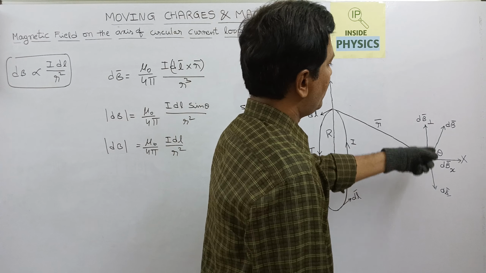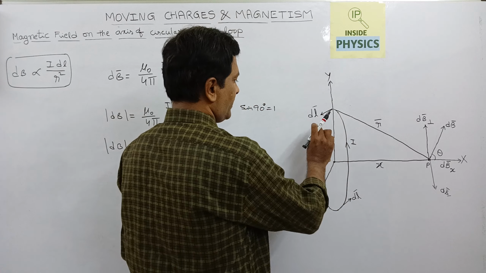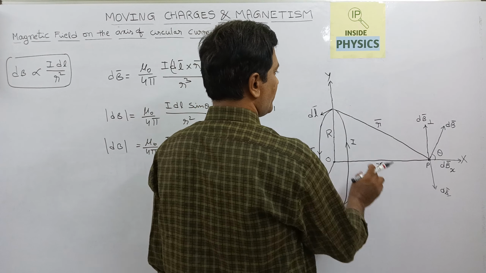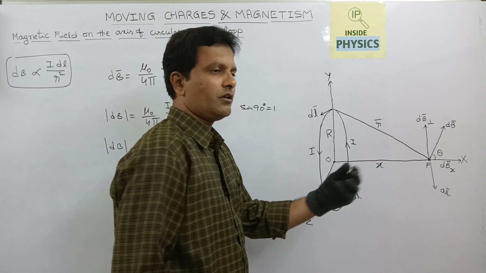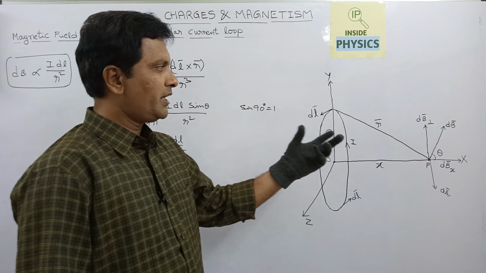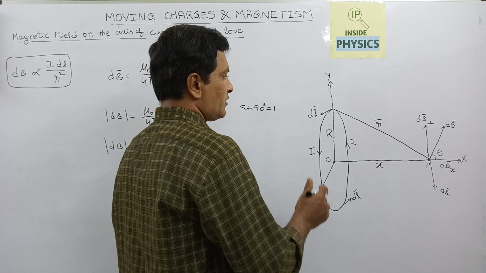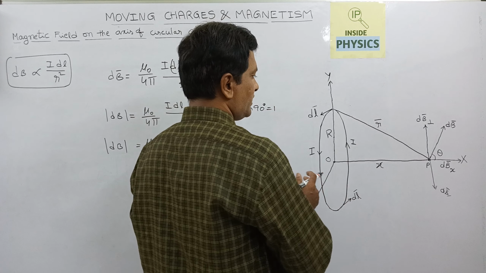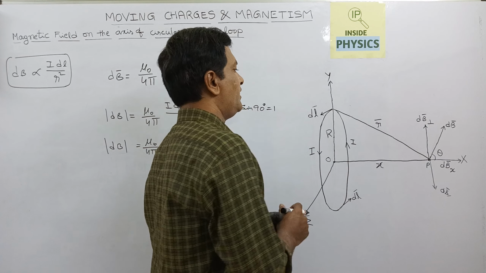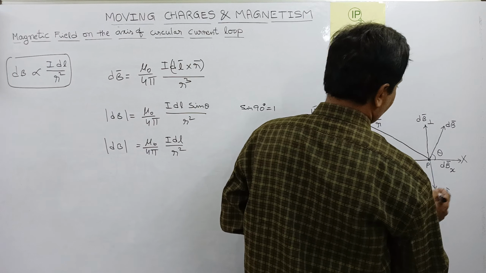So mutually opposite components will get cancelled, because if you take all the current elements on the entire loop, every perpendicular element will be cancelled by the counterpart of that magnetic field perpendicular vector. So in this way, the only vector component that will give the resultant magnetic field is along the x-axis, that is dB bar x.